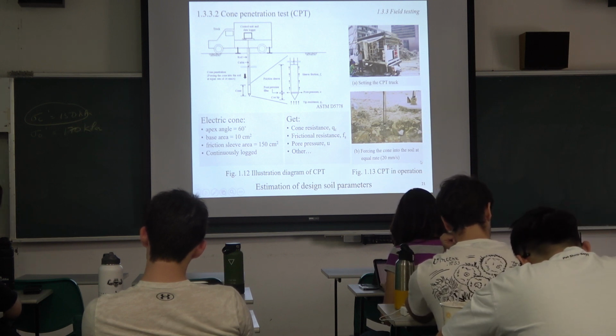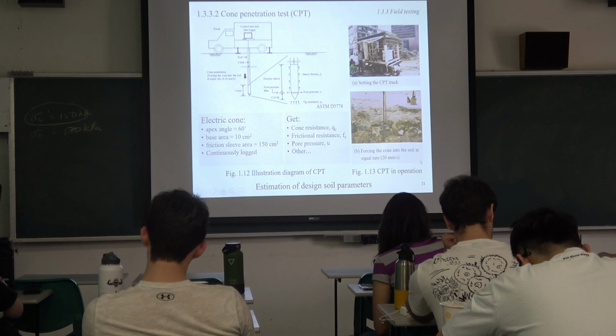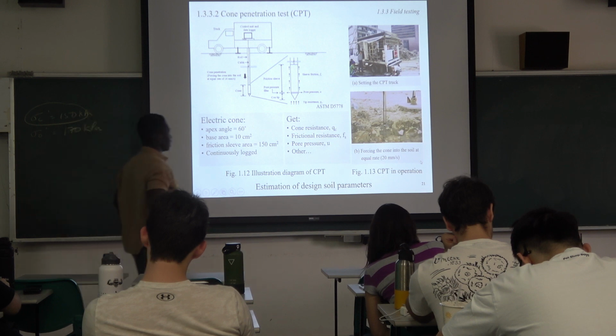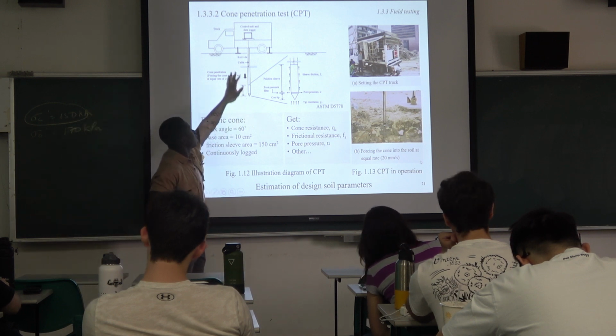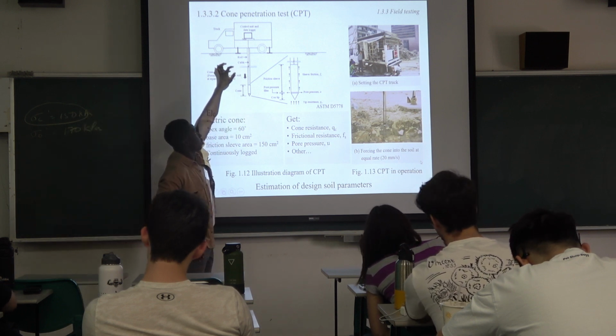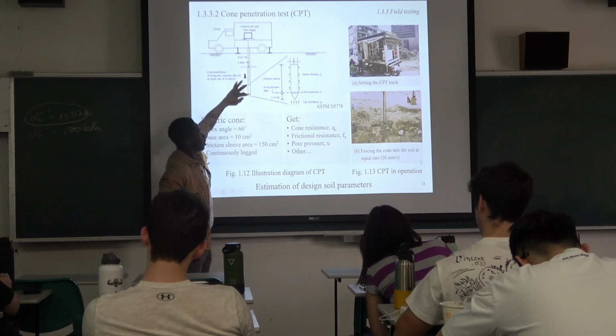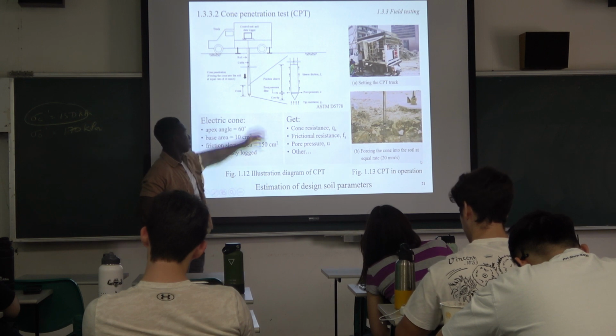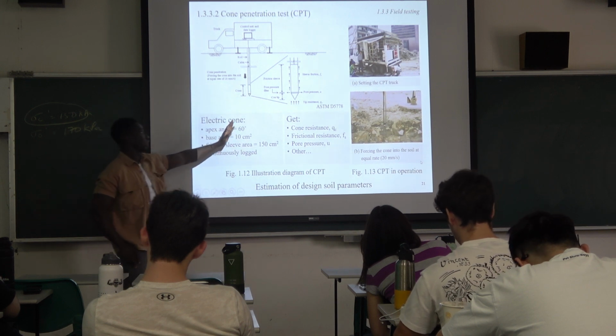Here we have the cone penetration test, and it is often used to determine the materials in the soil profile and also the engineering properties of the soil. So for example, this is the cone you put in the ground, and maybe you have a truck there that collects the data. Usually this angle, the apex angle, is 60 degrees.